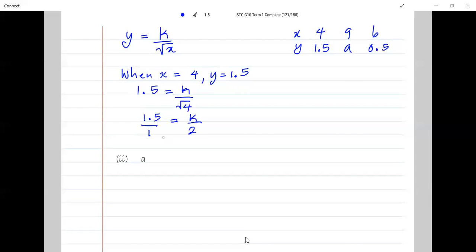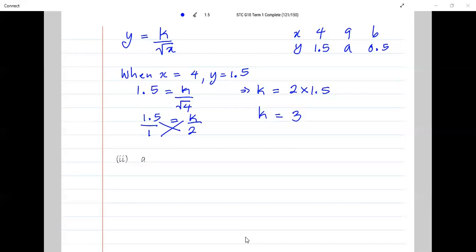I'm going to cross multiply. So k is equal to 2 times 1.5. So k is equal to 3. Did you get this? K is equal to 3. Did you get that? Anybody?